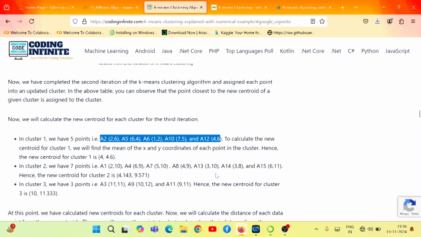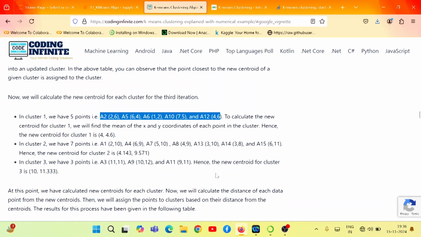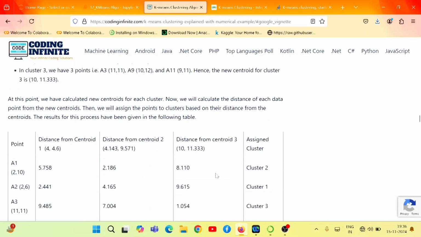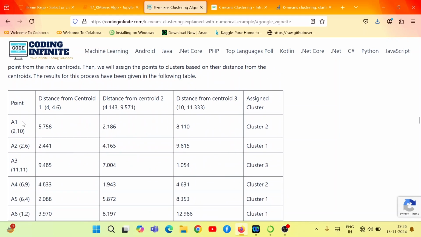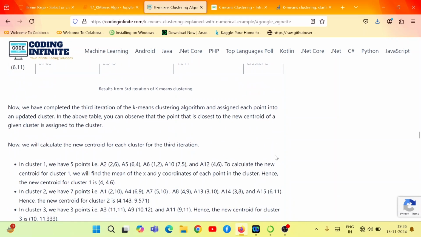So again, iteratively we have to perform these steps, and again we have to find the new Euclidean distance of all the points with respect to this updated centroid point. Again, you may see A1 is falling in cluster number 2, A2 is falling in cluster number 1. See, this process will keep repeating until this updation of the cluster is stabilized.